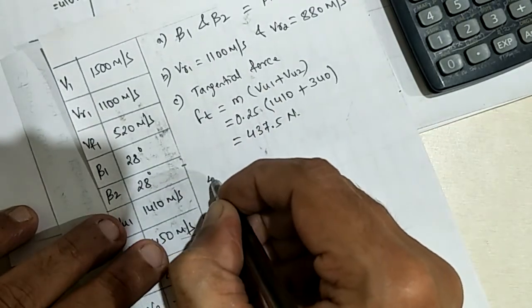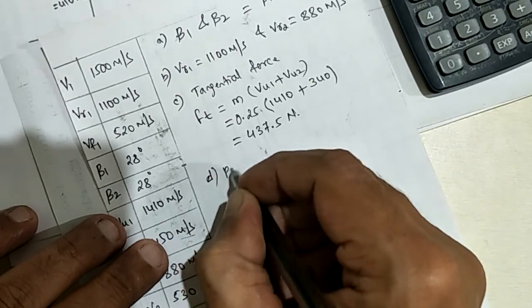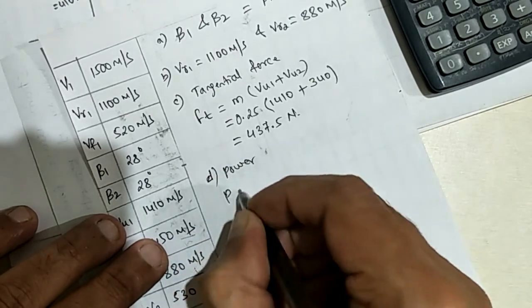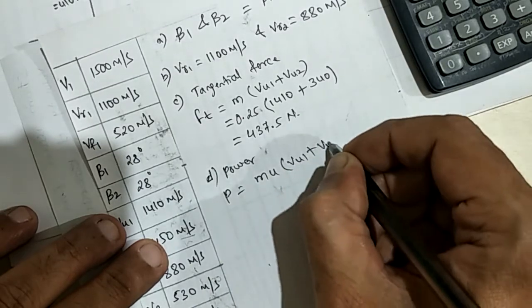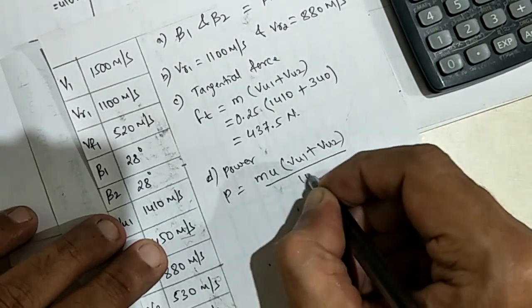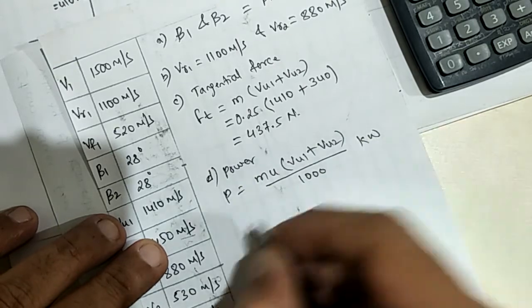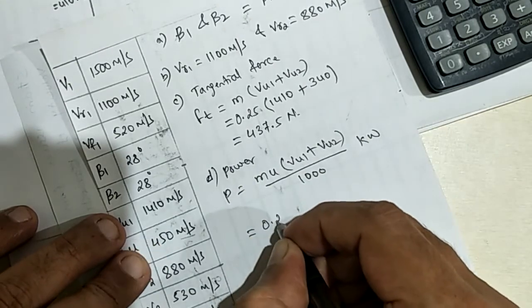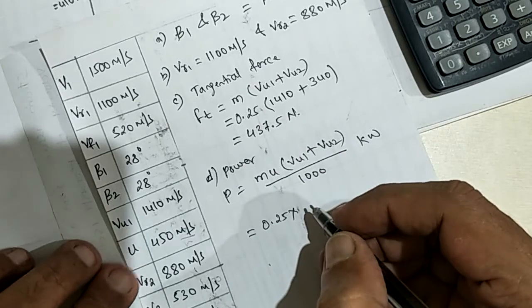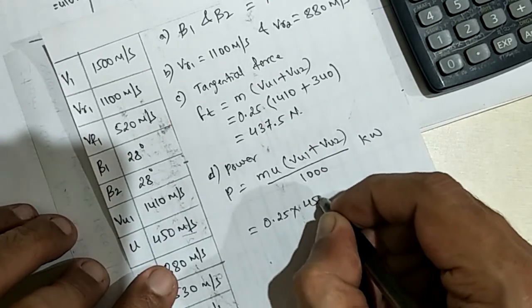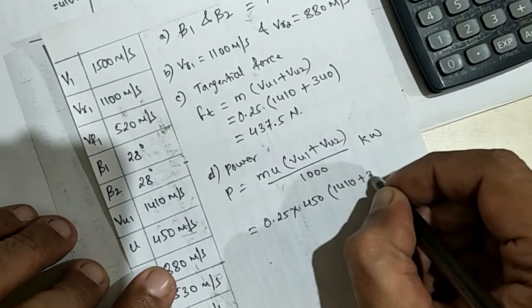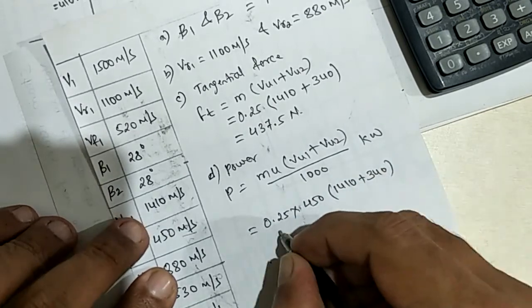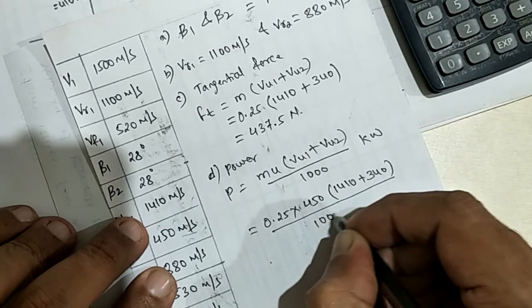Then the fourth one we need to calculate is power. Power P is equal to m into u into bracket Vu1 plus Vu2 divided by 1000 kilowatt. Just substitute the values: 0.25 into u is 450 multiplied by 1410 plus 340, whole divided by 1000.